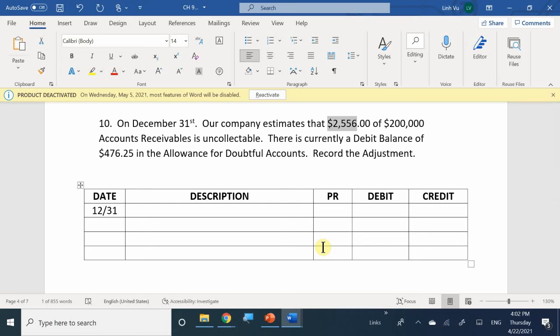We're going to be writing off a total of $2,556 because we don't know who is going to default on their payment. So in this case, it's an estimated amount, so we are going to be recognizing bad debt. Now, what is going to be our credited account?